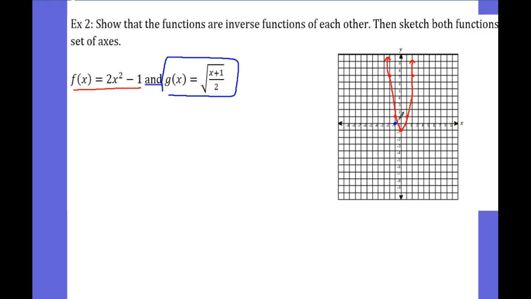So if you plugged in 1 plus 1 is 2, 2 divided by 2 is 1, square root of 1 is 1. So you can see that we get the positive piece of the parabola. This is the point 2, 7. On my inverse, it will be the point 7, 2.